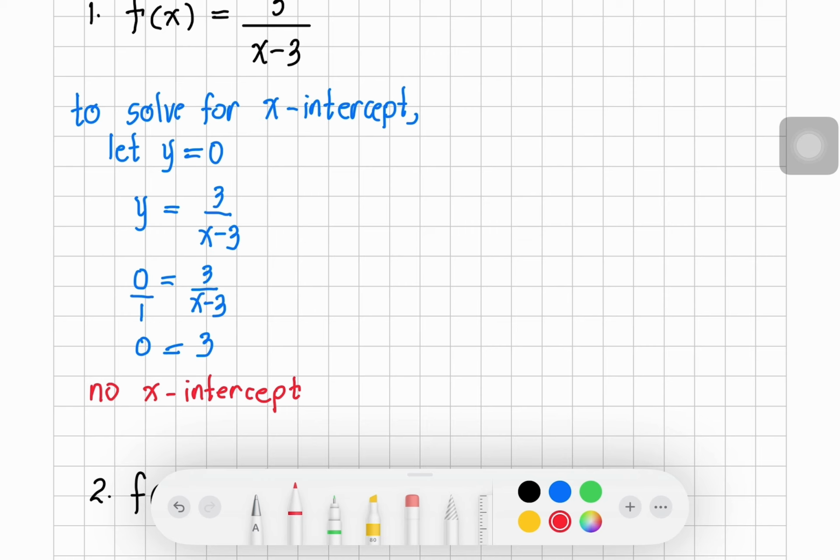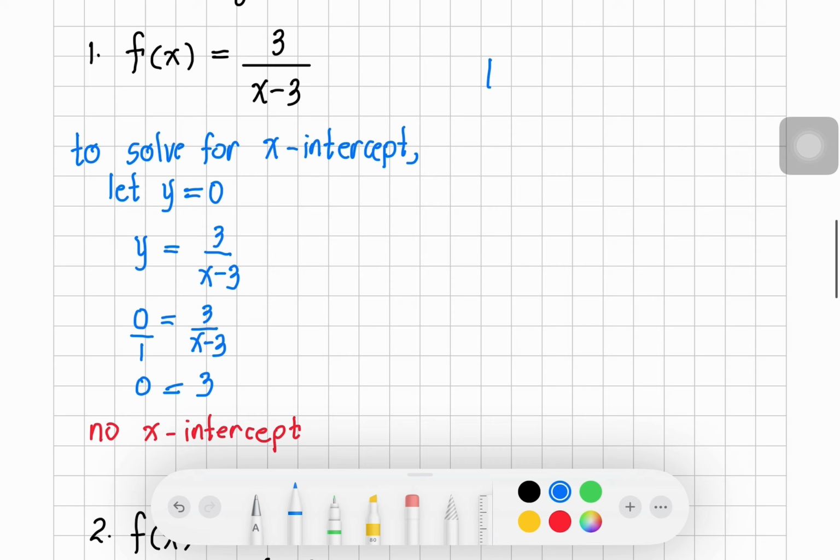Gets? And now, to solve for y-intercept, let x be equal to 0. Okay? So y now is equal to 3 over x minus 3.